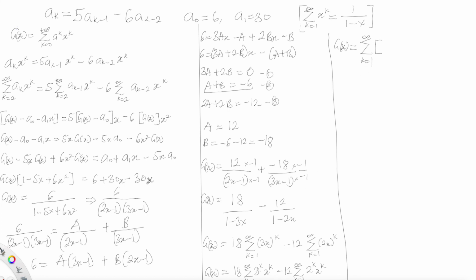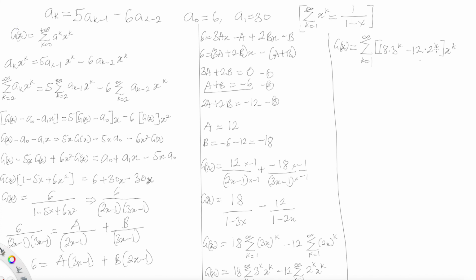The 18 would multiply this 3 at the power k, so you have 18 by 3 exponent k, then minus 12 by 2 exponent k, and then we are factoring out x exponent k.